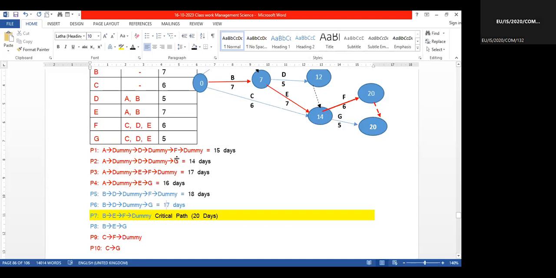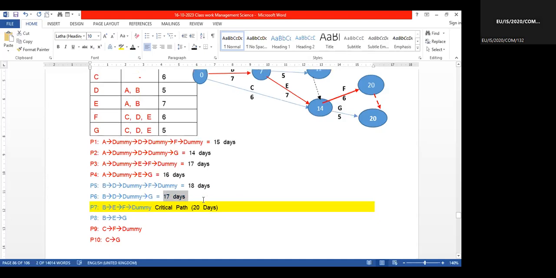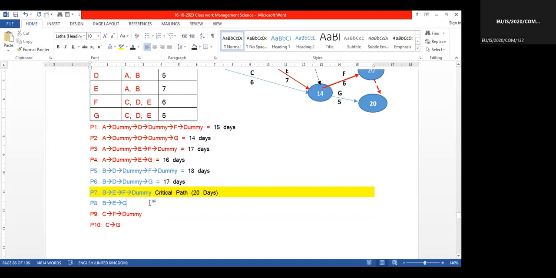Okay, path 7 we find 20 days. Then path 8, how many days? 19 days.